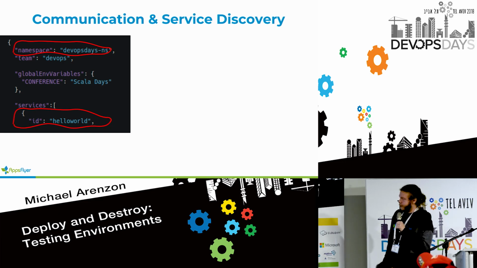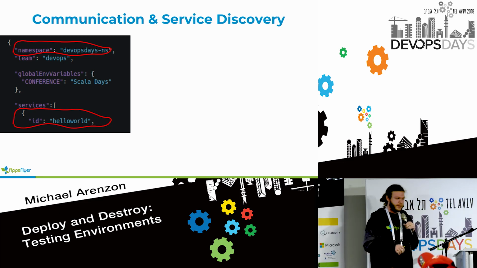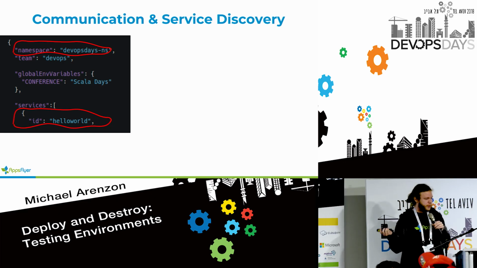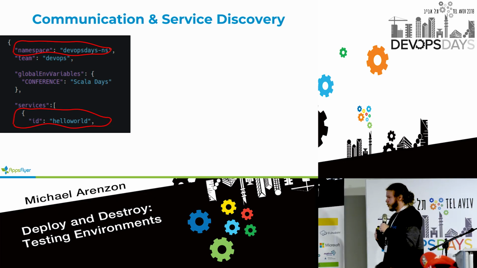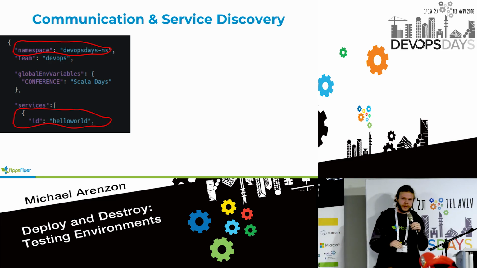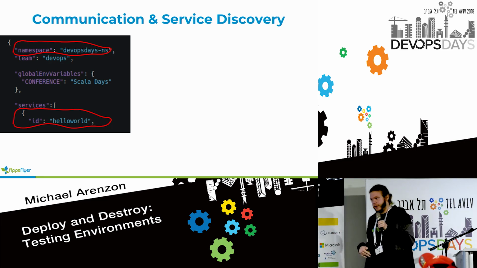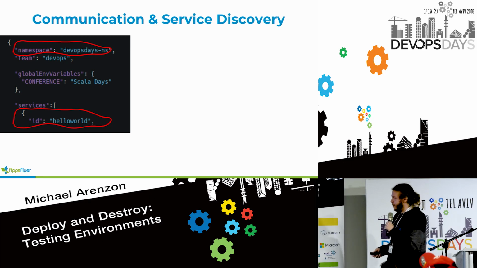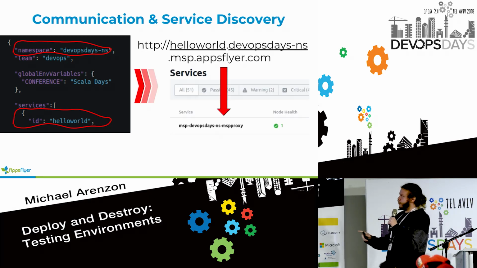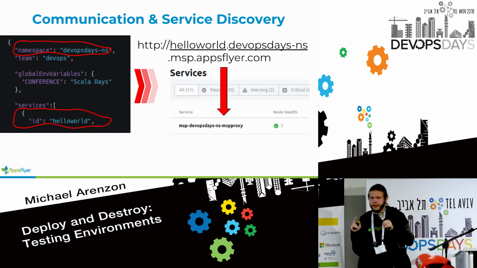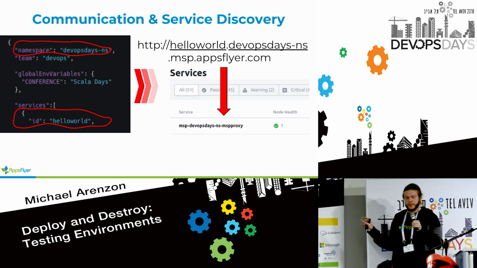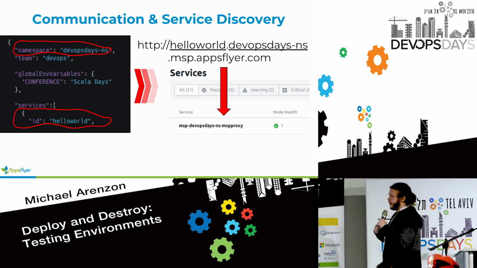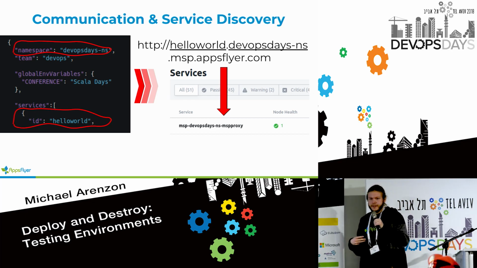Let's take a look a bit at the communication and service discovery inside that environment. As I mentioned, we have two main fields: the namespace name, which distinguishes between different environments, and the ID, which describes the unique identifier of that app. We take them together and compose them into a URL: namespace.id.suffix of the AppsFlyer.com domain. That's the way we create service discovery.